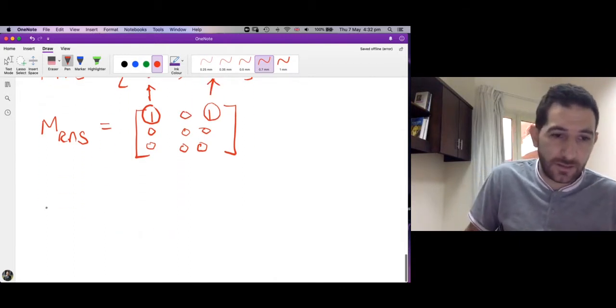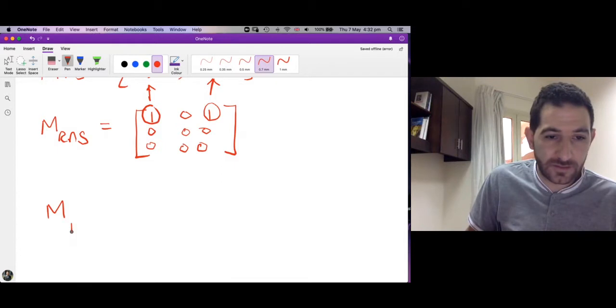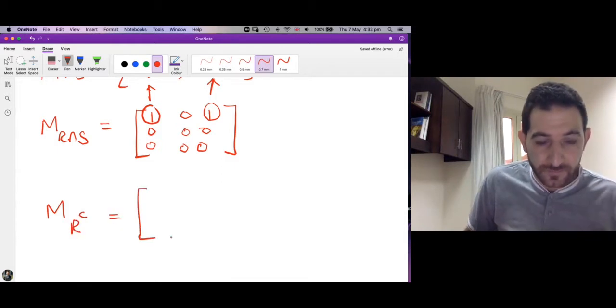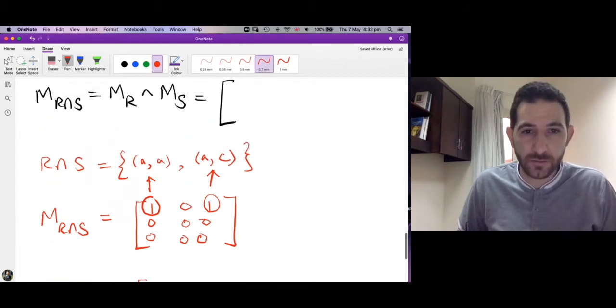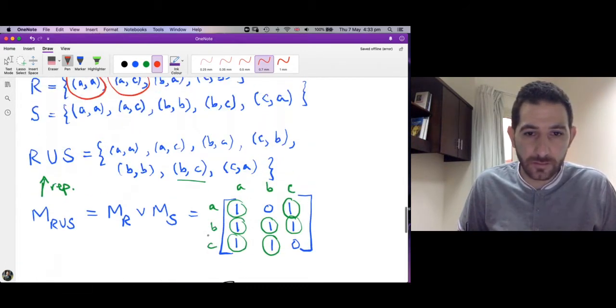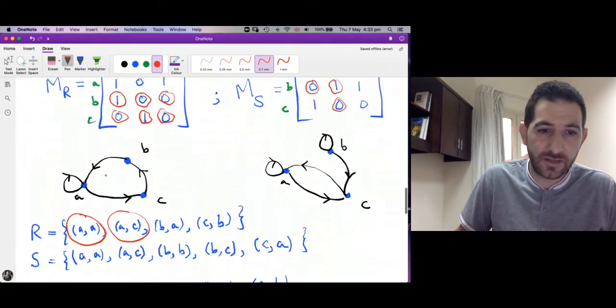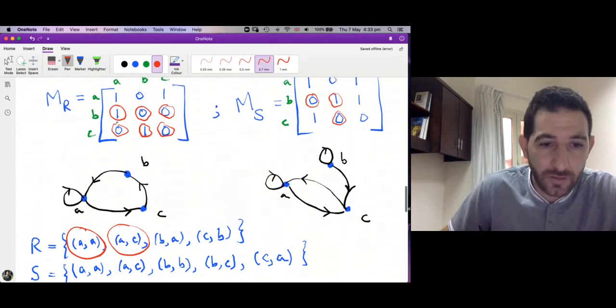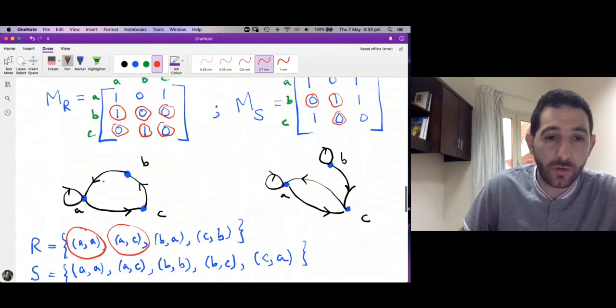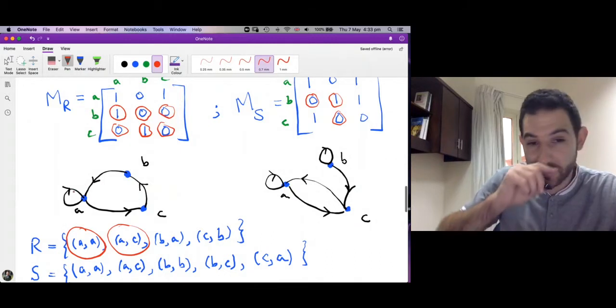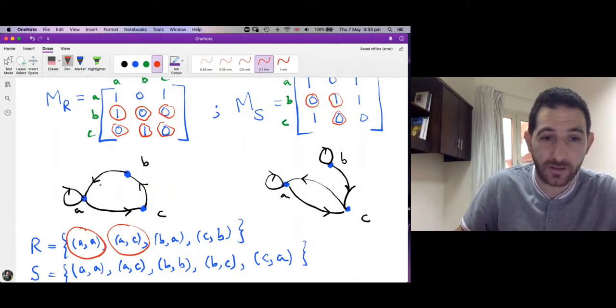Now finally, let's find what's the complement, the matrix representing R complement. So we look at R. So this is the relation R, and now we will consider all possible arrows which are not in R. So I will draw them with green. So we want B to be related to itself.